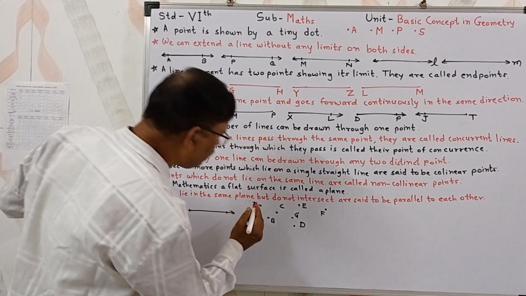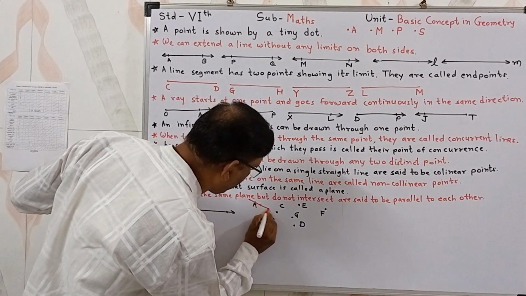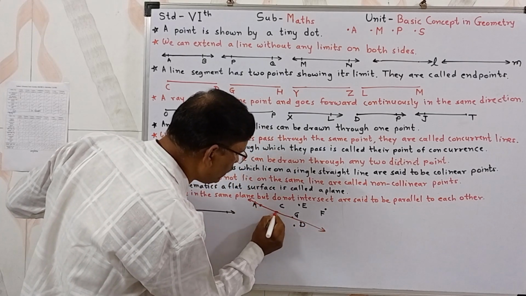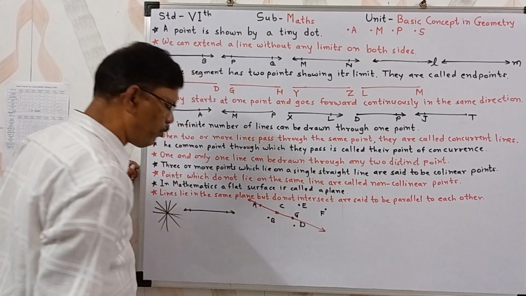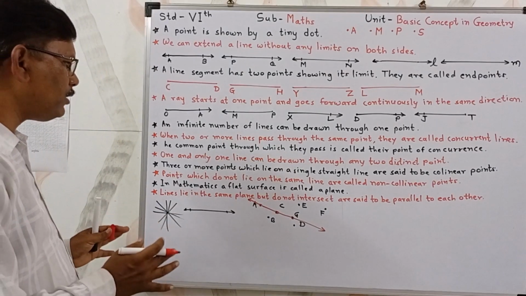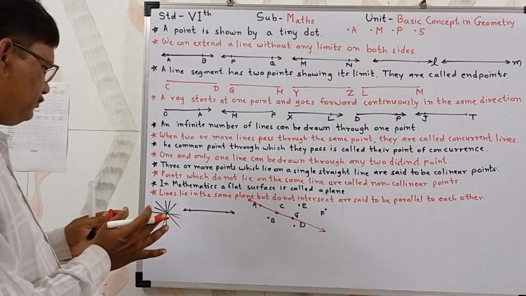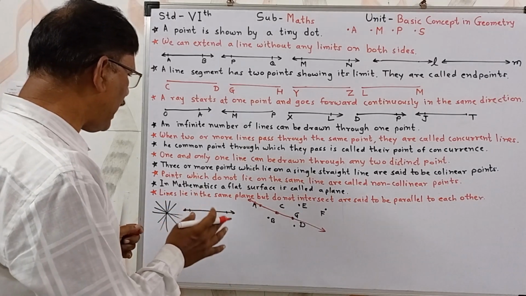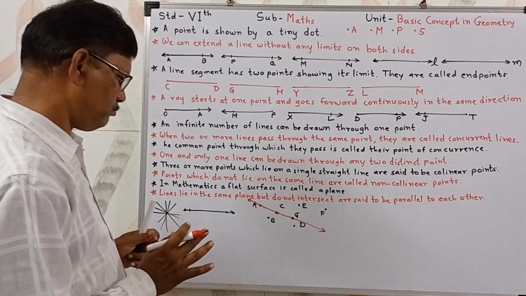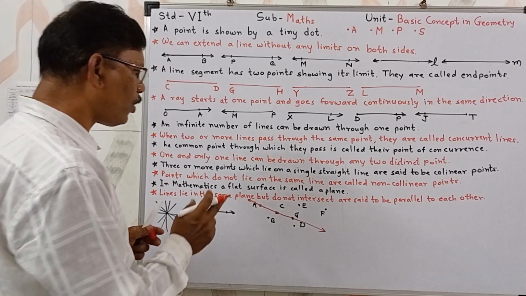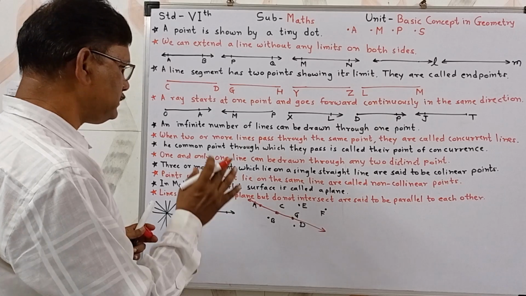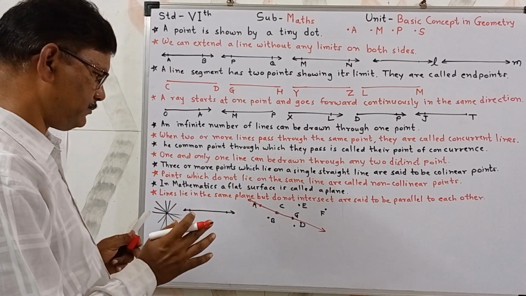Listen, when 3 or more points lie on one line, they are called collinear points.